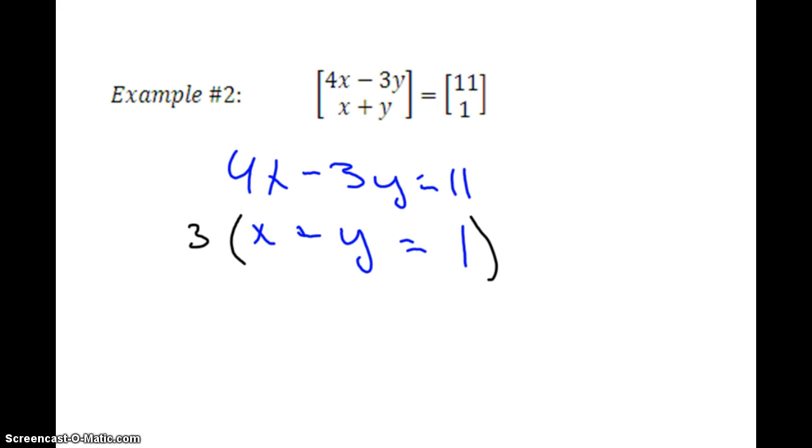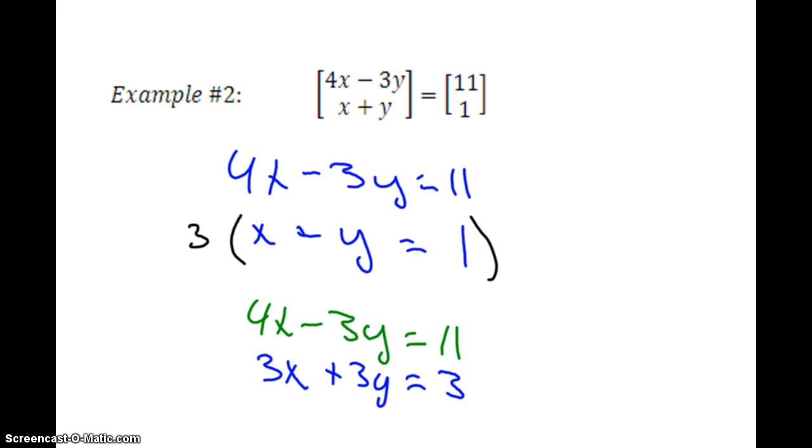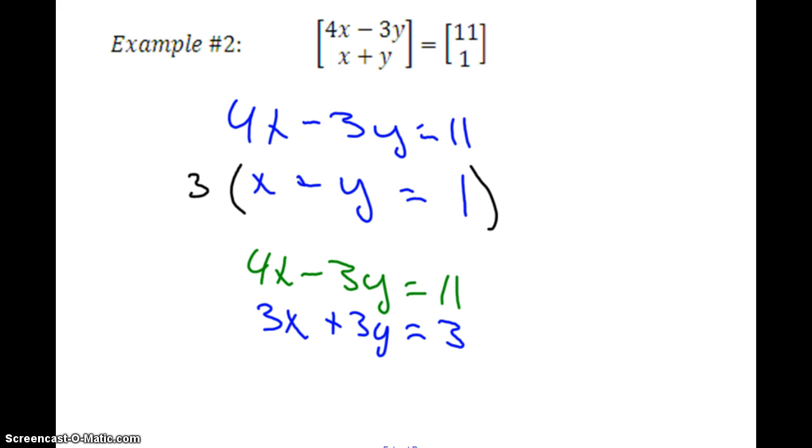So I write the first equation down: 4x minus 3y equals 11. I write the new equation down, which we said was 3x plus 3y equals 3. I now have variables y that are going to eliminate from each other. They cross each other out, and I get 7x is equal to 14.